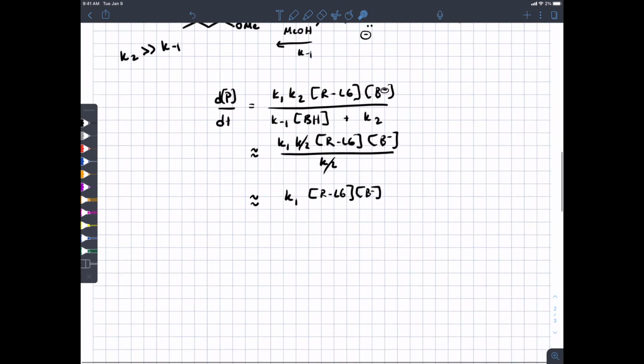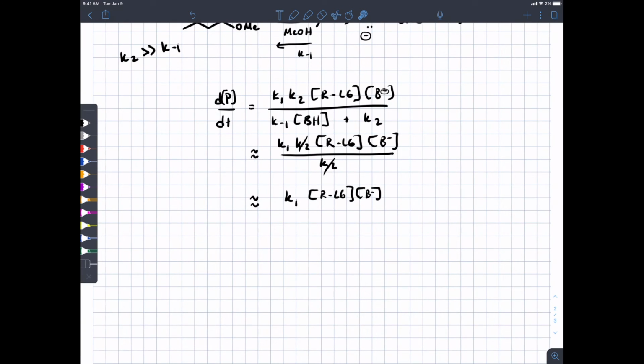And so people have done Hammett analyses to try to pin this down. An example of such a case would be where we have this benzoate leaving group where we're going to put various X groups there to attenuate the electron density on the benzoic acid conjugate base that leaves.